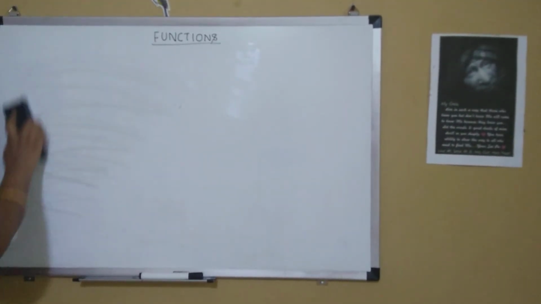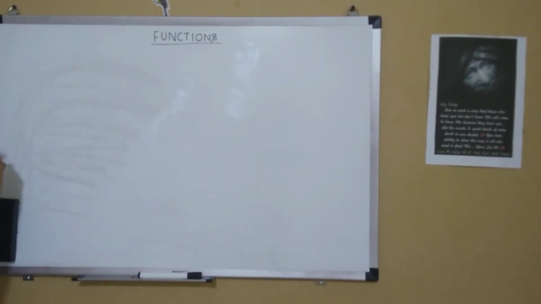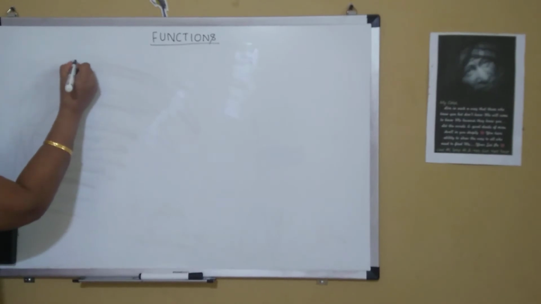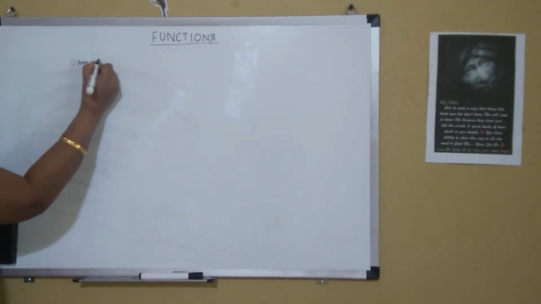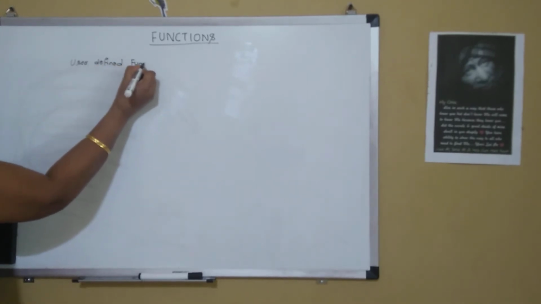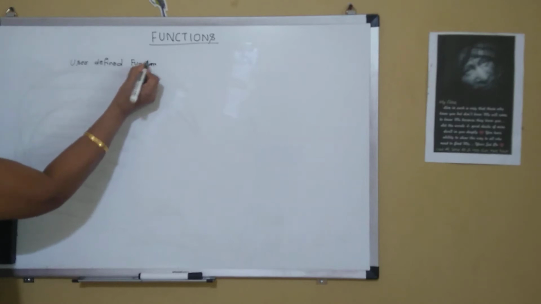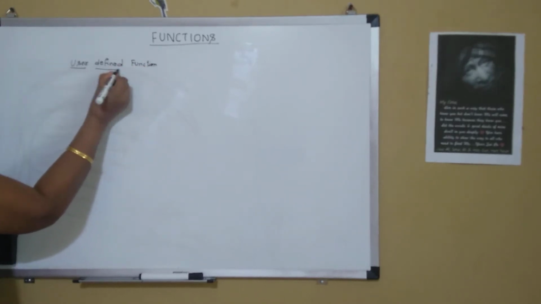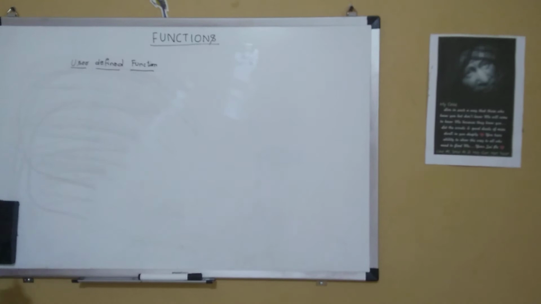Now let's quickly see the definition of a function. What is a user-defined function? Till now we had seen built-in functions. Today let's see what is a user-defined function. The one which the user defines in the program is called a user-defined function.